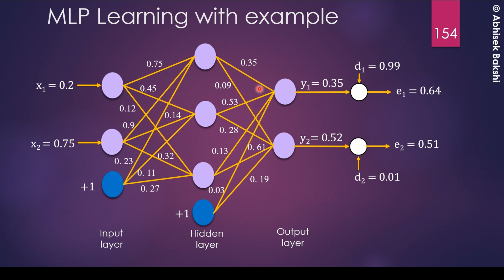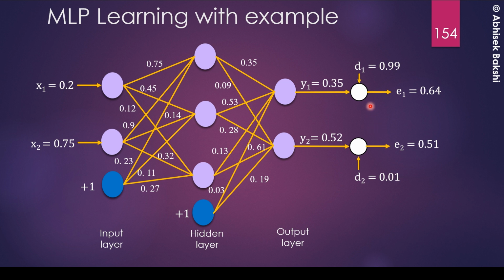Assume that the output layer gives an output 0.35 from the first output neuron, and the desired is say 0.99. Okay. And the other neuron gives output 0.52, where desired is 0.01.